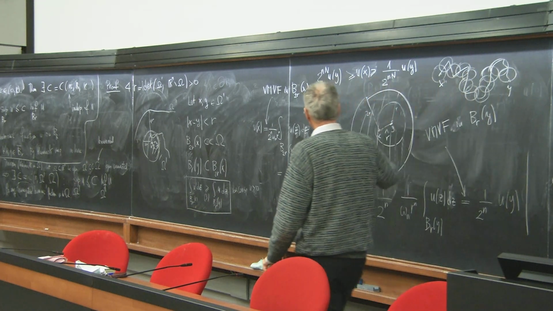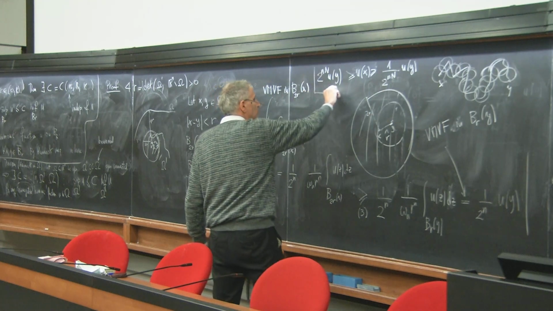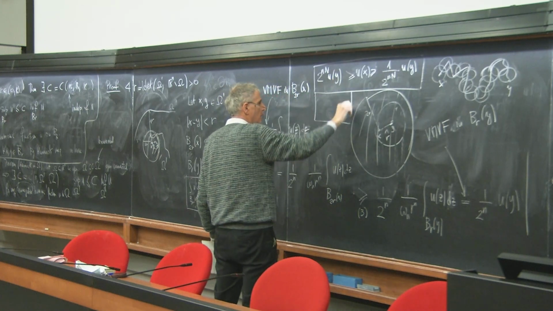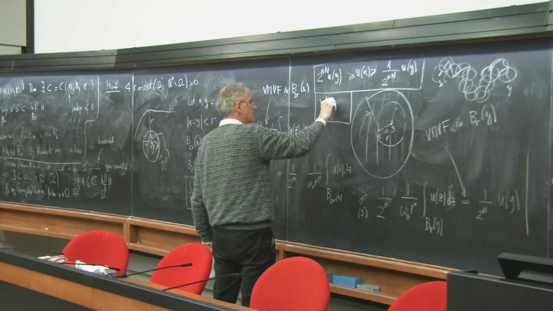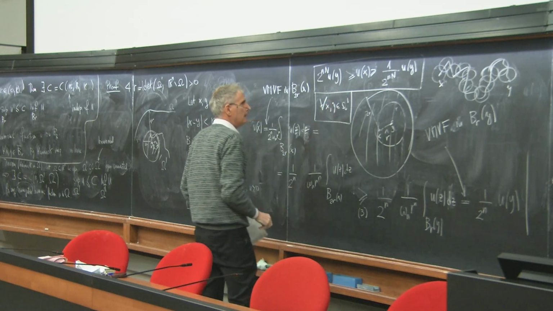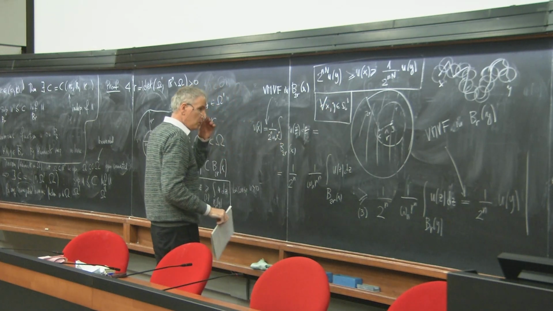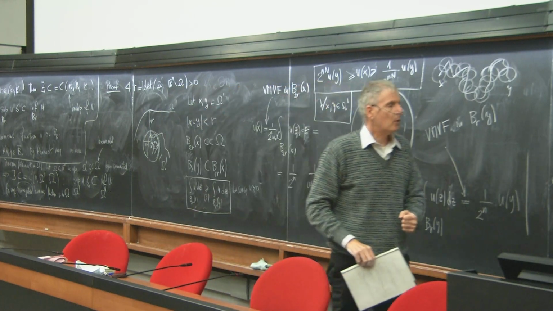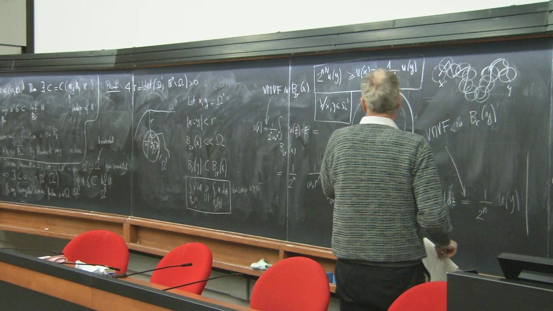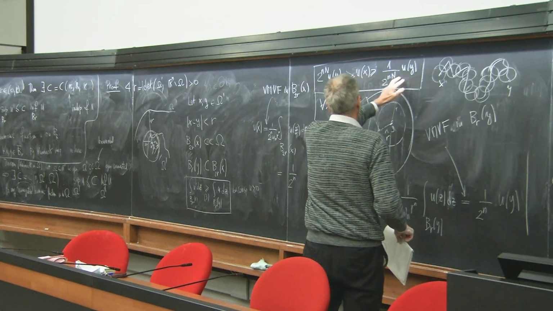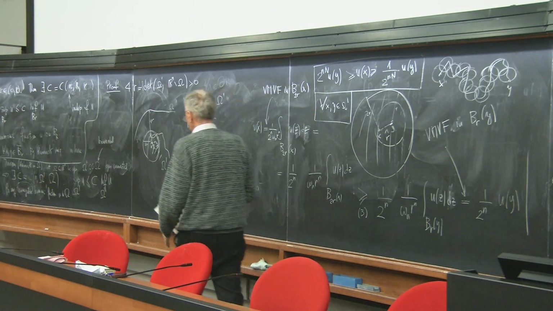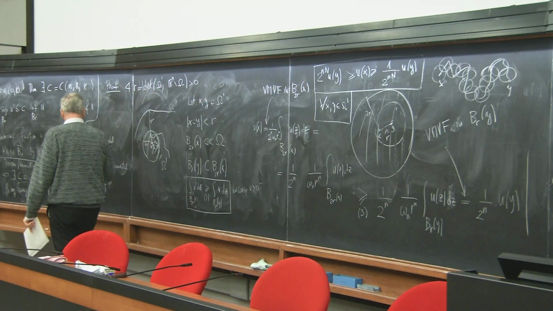Now, for any x and y, not necessarily close to each other, but for any x and y in omega prime. And now that we have this for any x and y in omega prime, we can take the supremum over y and the infimum over x as before, and we get this with some constant, which depends on what?